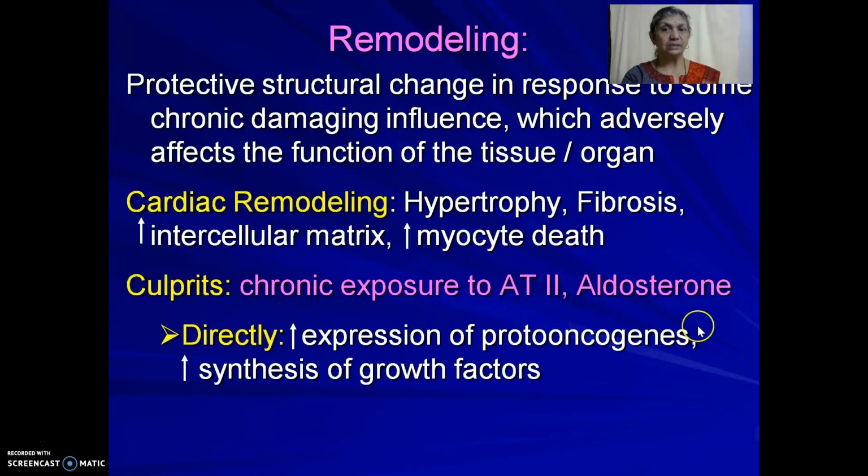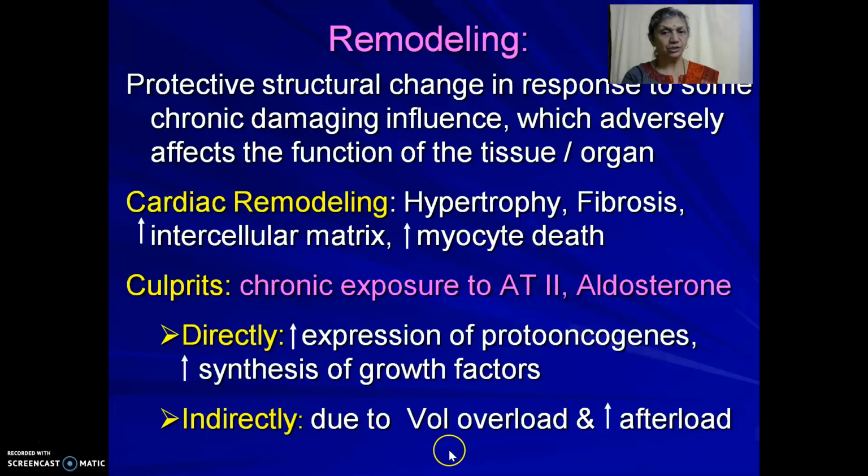How do these agents bring about this remodeling? They do so by directly increasing the expression of proto-oncogenes and increasing the synthesis of growth factors. Indirectly, they contribute to the chronic damaging workload by increasing the volume overload through aldosterone, and preload and afterload by vasoconstrictor effect.